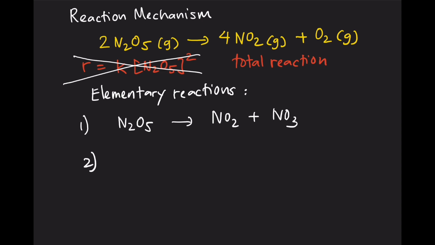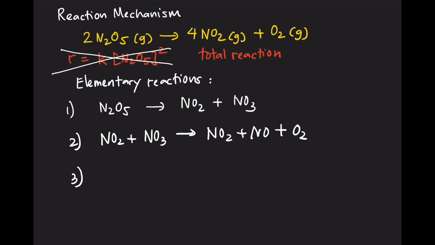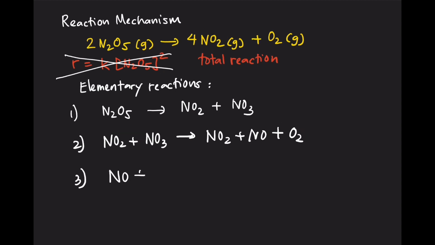The second reaction is that 2 molecules, NO2 and NO3, so each one, will then result in NO2 plus NO plus oxygen. And finally, the third reaction is NO plus NO3 forming 2NO2. So this is what actually happens at the molecular level.